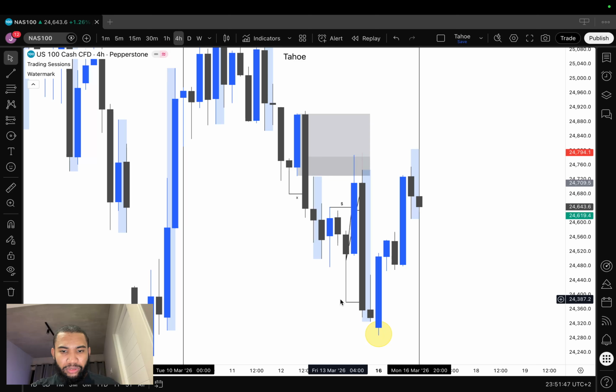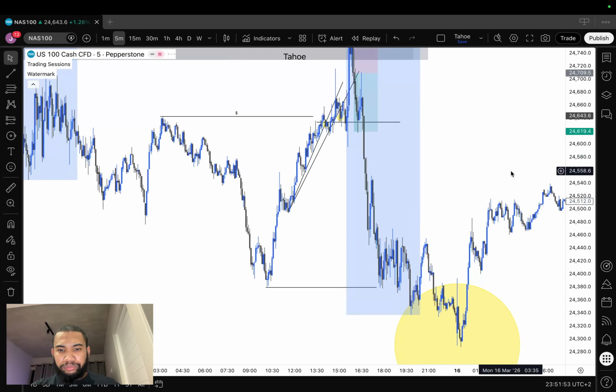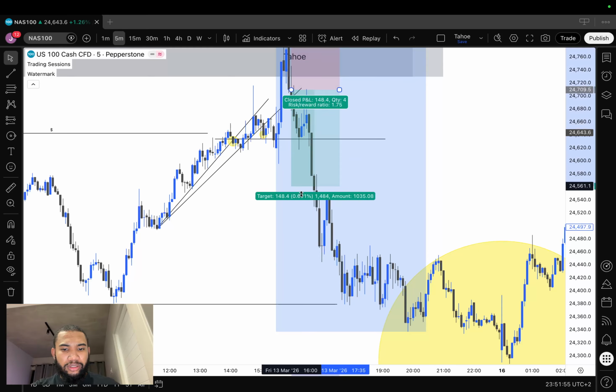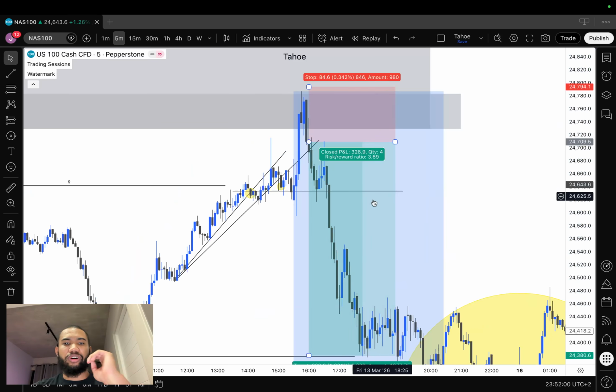Of course this was the low that pushed up, took the liquidity, tapped the order block, so we can aim for that ultimate low for a 1 to 4 hour trade.